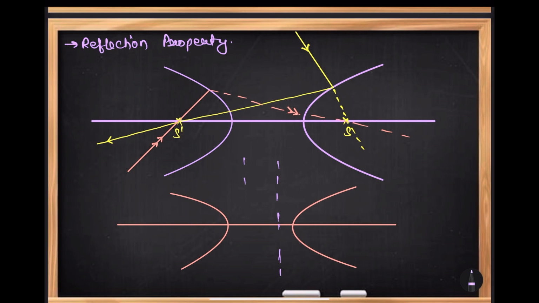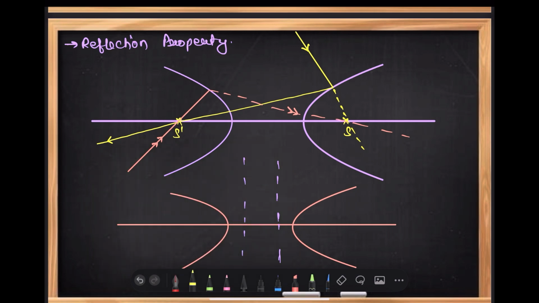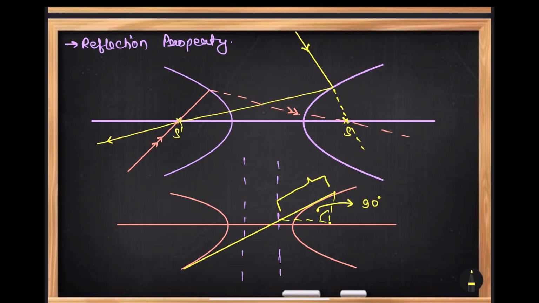Correct? These are the two directrix, and we will have a tangent at any point. Suppose this is the tangent. Okay, so the angle it will subtend at the foci is 90 degrees. Okay, so this is the next property.